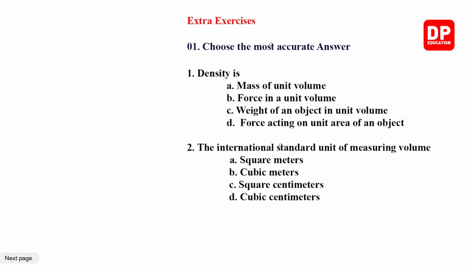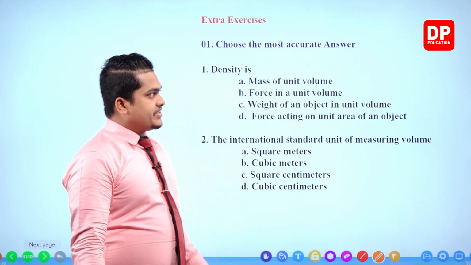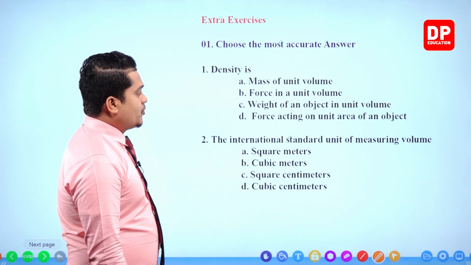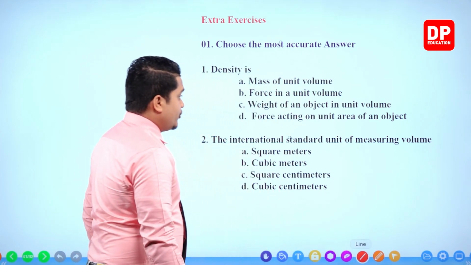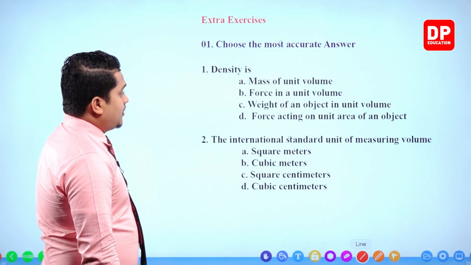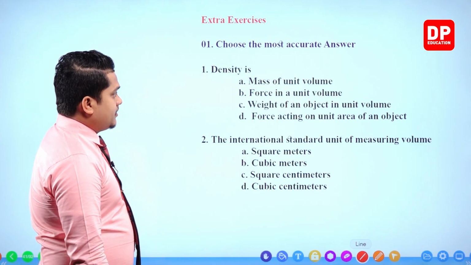So my dear children, with that we have finished all the questions related to the textbook. Now it's time to discuss several extra questions. So first of all, you are given MCQ type questions here.